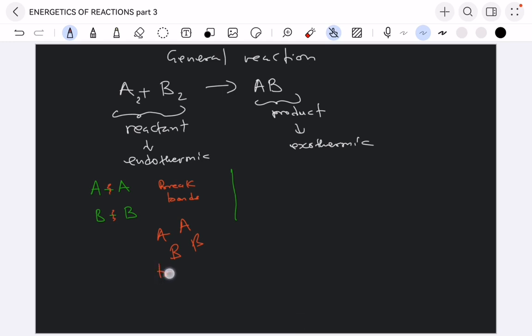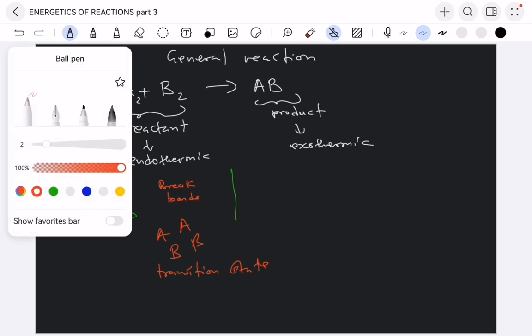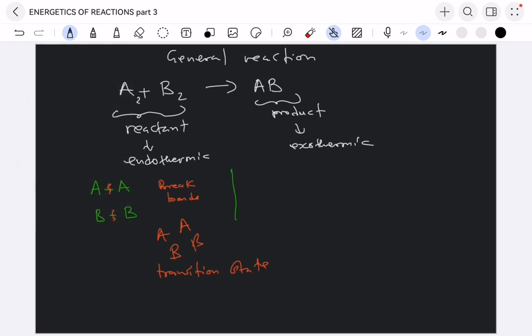So they are in their transition state to form a new product, meaning once we break those bonds, then they have to reform or reunite at a particular point. So the other side is that we have AB, which is looking at bond formation.